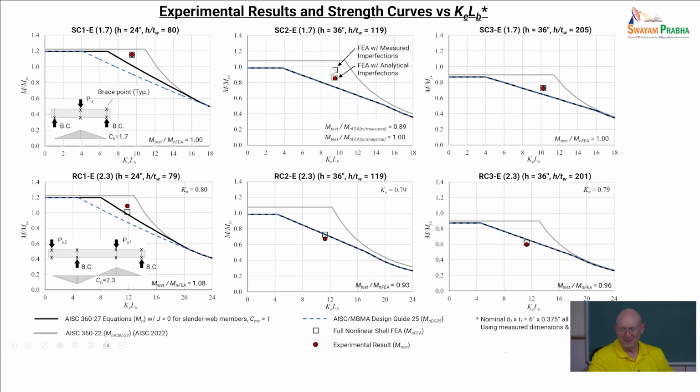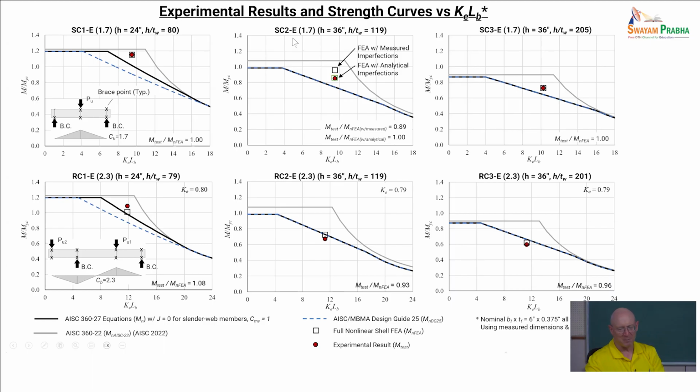And for this specimen, it seems that if we used what we would typically do in terms of analytical imperfections that were based off of using a buckling mode for lateral torsional buckling, flange local buckling, and web local buckling, and combining modes, we get a very close prediction from the test by the FEA simulations.